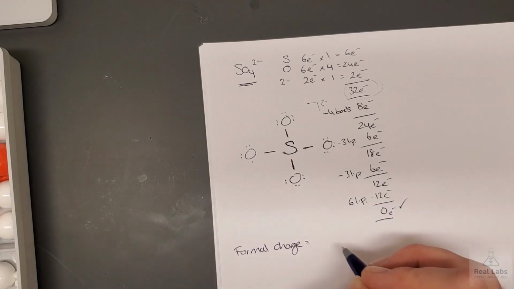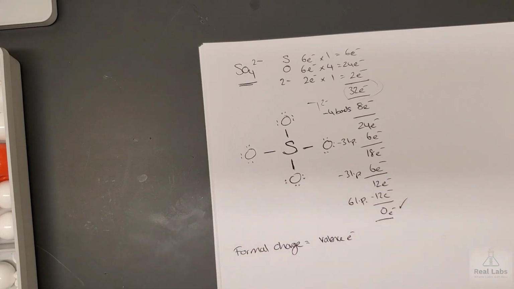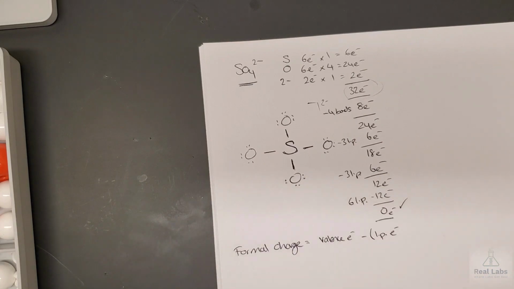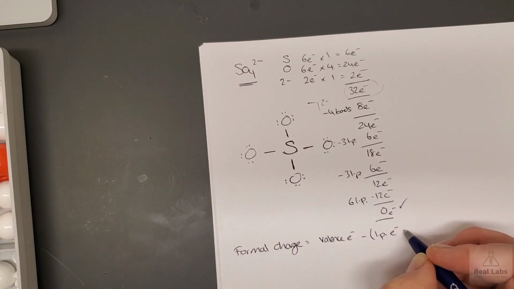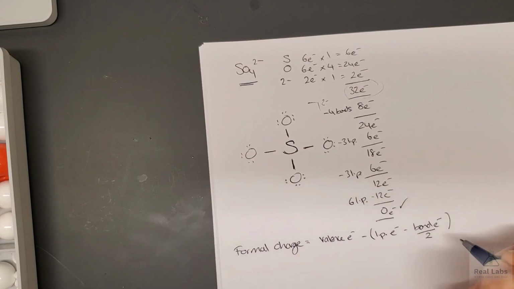We take the number of valence electrons for that particular atom, we subtract the number of lone pair electrons, and we subtract the number of bond electrons divided by 2. There are lots of variants of this equation, but they ultimately come to the same calculation.